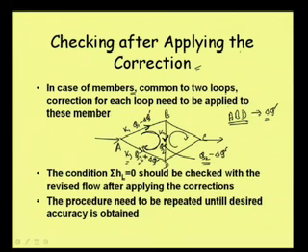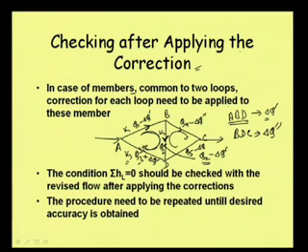Now for this common member, what is happening? For the other loop, say B, D, C, our correction is delta q double dash. When we apply this correction in this loop, suppose this is q4 and this is q5, then if delta q is positive, this will become q4 minus delta q double dash, and this is q5.